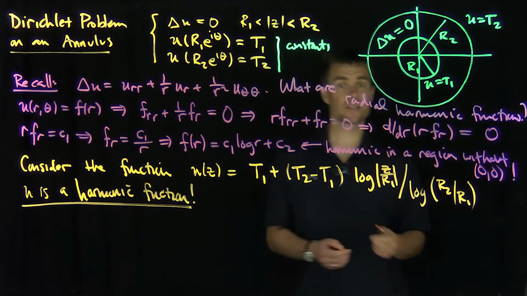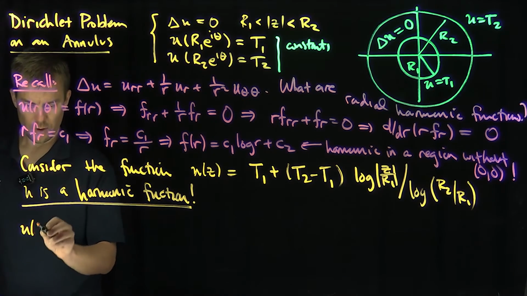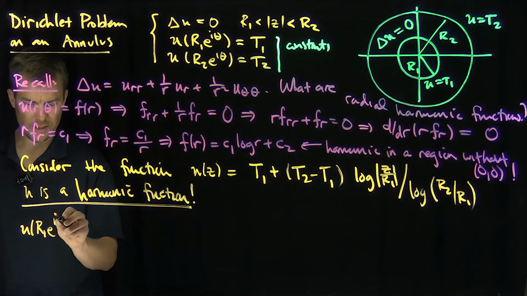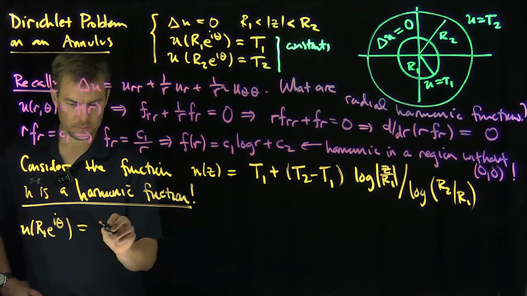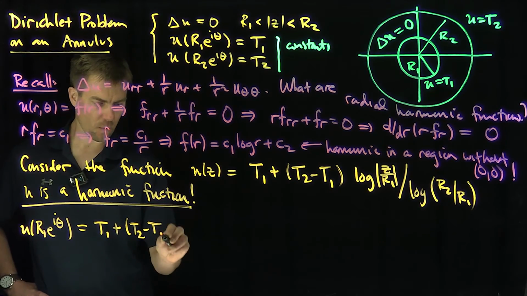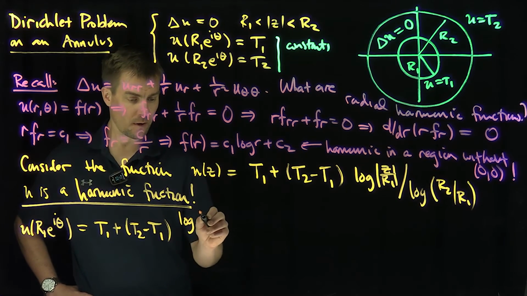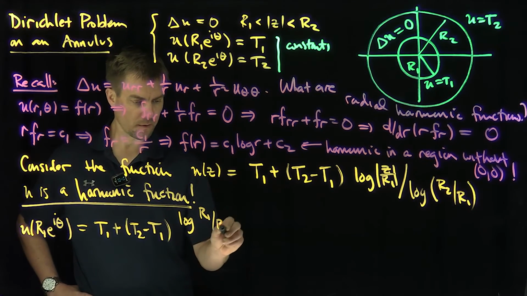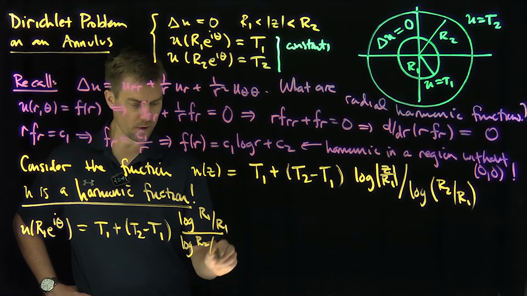Let's make sure it satisfies the right boundary conditions, right? What is u of r1 e to the i theta? Well, it's going to be T1 plus (T2 minus T1) times the log of r1 over r1, over the log of r2 over r1.